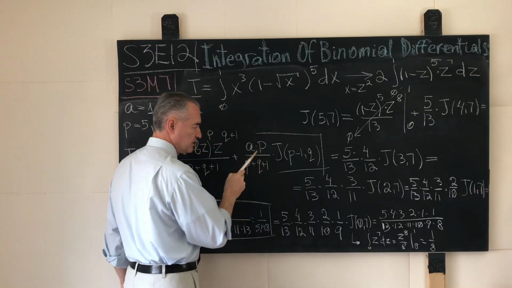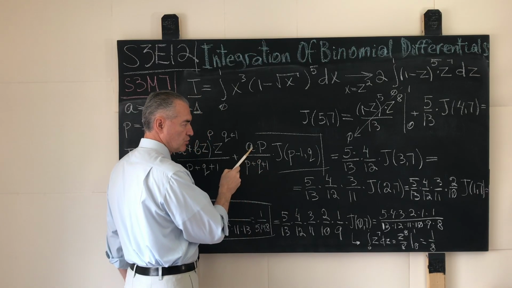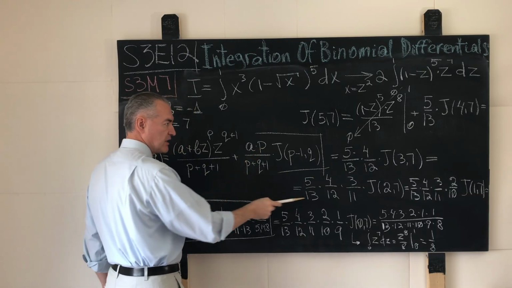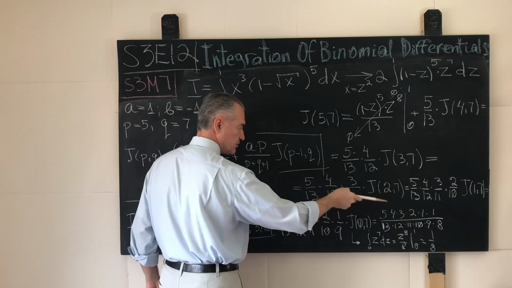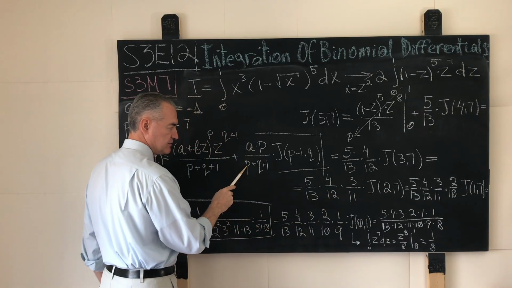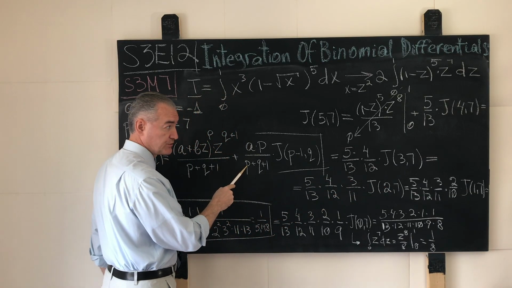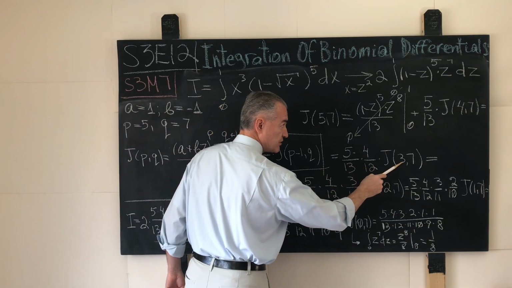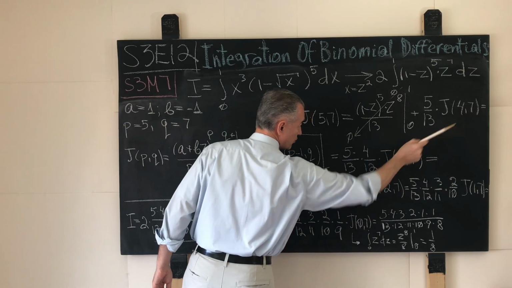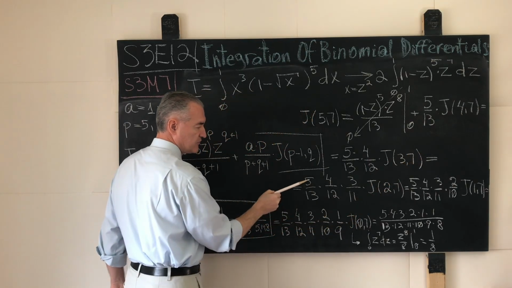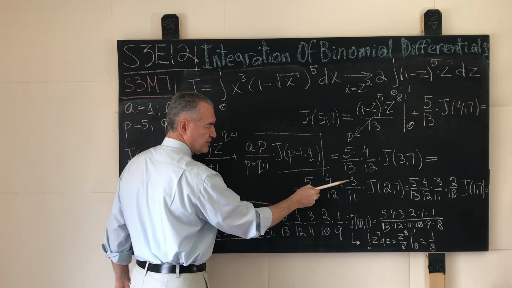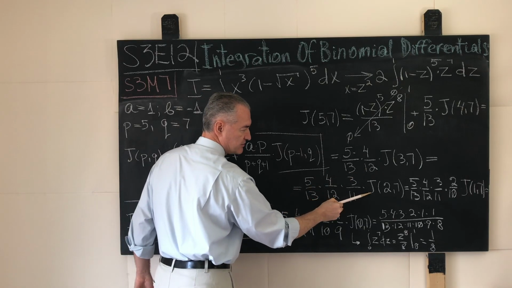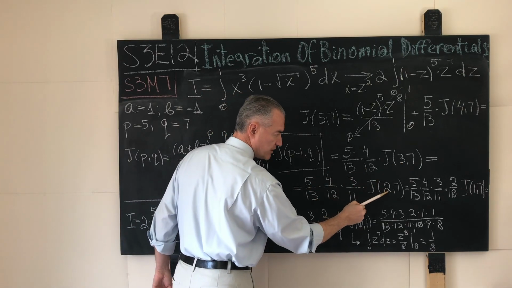So now we basically run these numbers down. a remains the same, it's 1. p is bumped down every time: 5, 4, 3, 2, 1. So now we have this p decrementing by 1 also. So 4 over 12 times J of what? 3 and 7, because 3 is 1 less than 4. So now we have 5 over 13, 4 over 12, 3 over 11, because now 4 becomes 3, 12 becomes 11, and this integral becomes what? Instead of 3, we have 2 and 7.